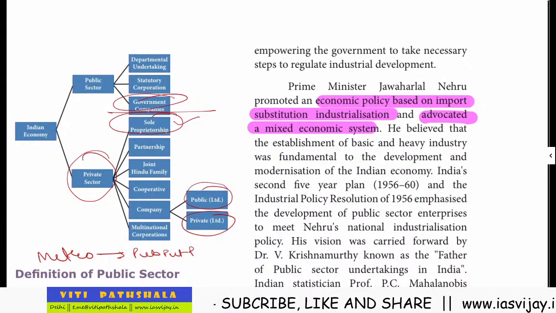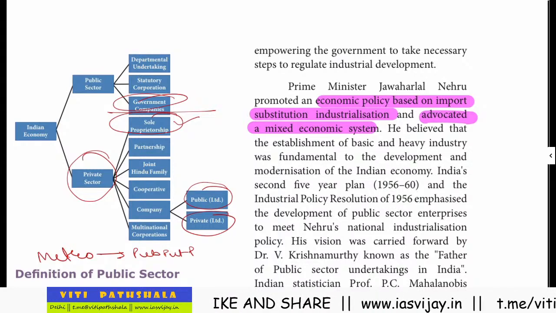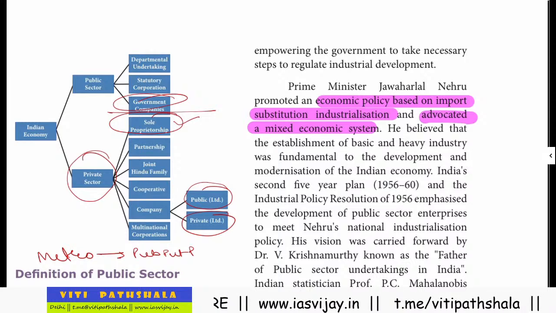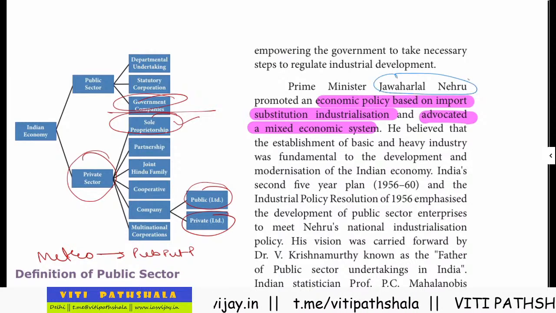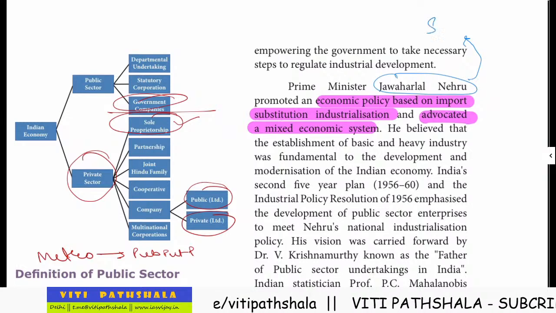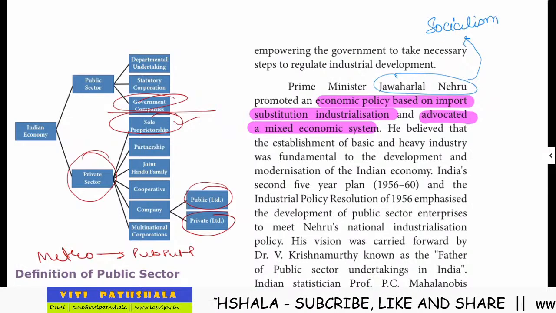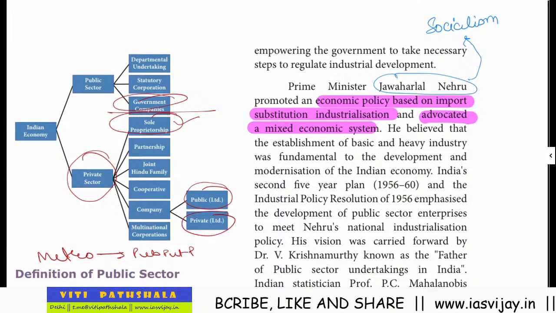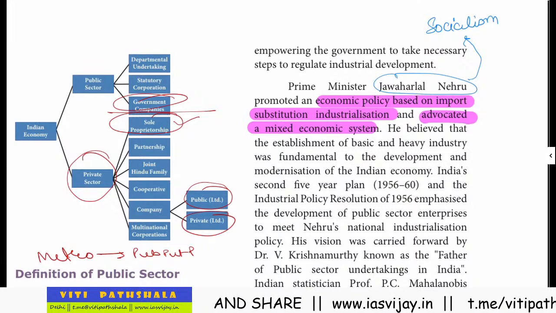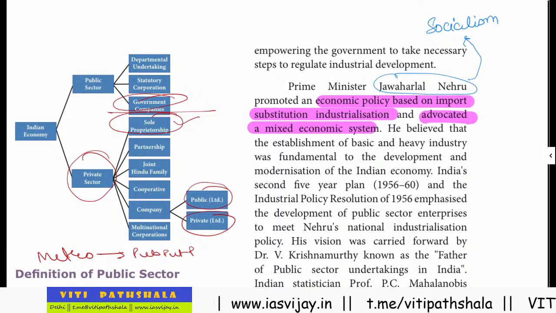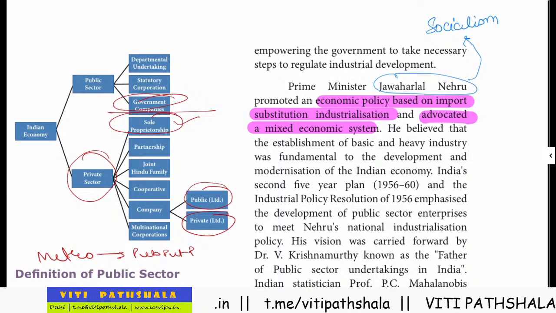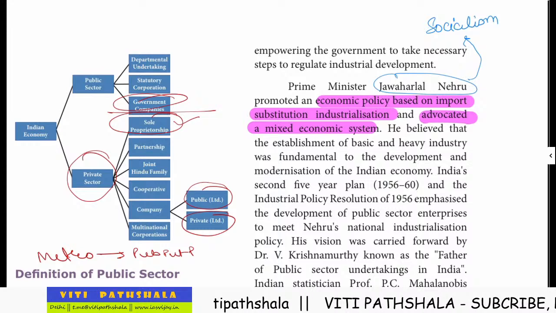His thoughts were more influenced by socialism, and a blend of socialism and democracy is what we implemented, known as the welfare state.